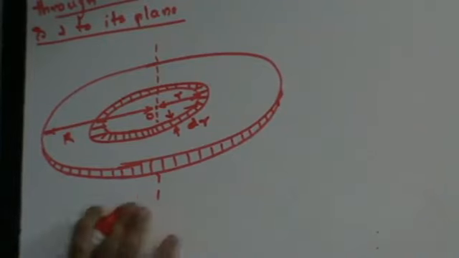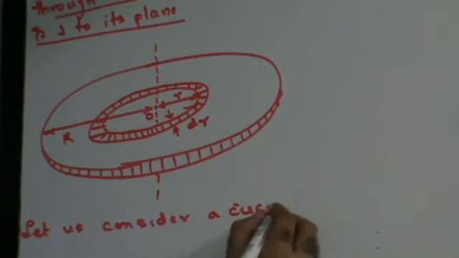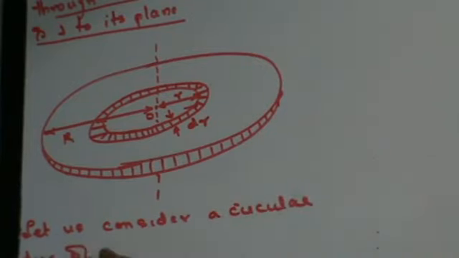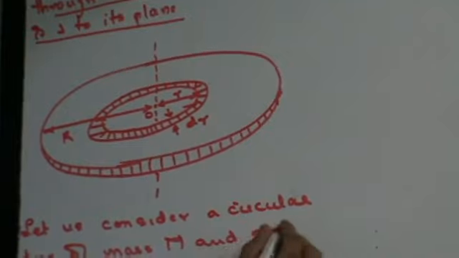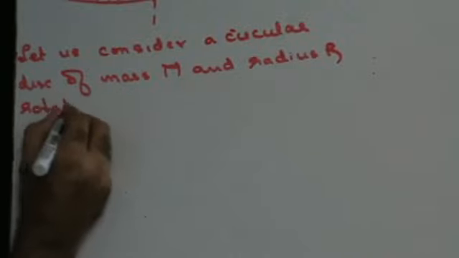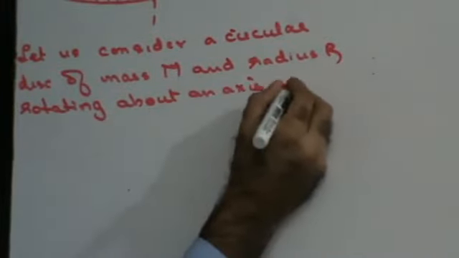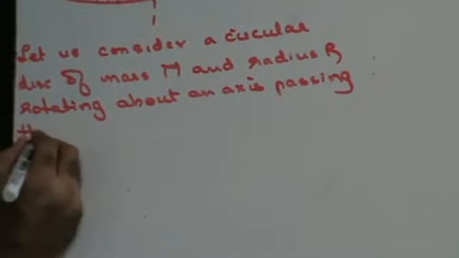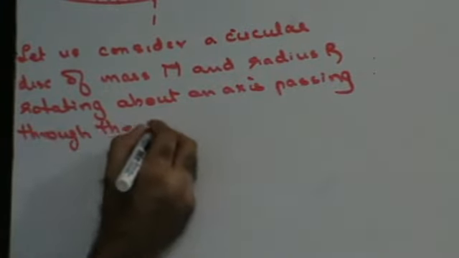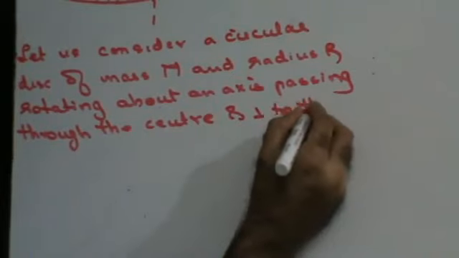So you will say, let us consider a circular disc of mass M and radius R, rotating about an axis passing through the center and perpendicular to the plane.